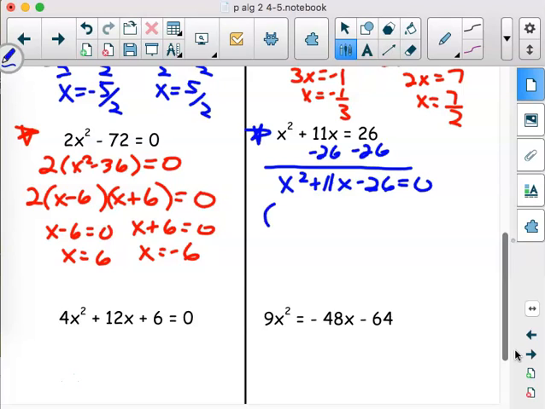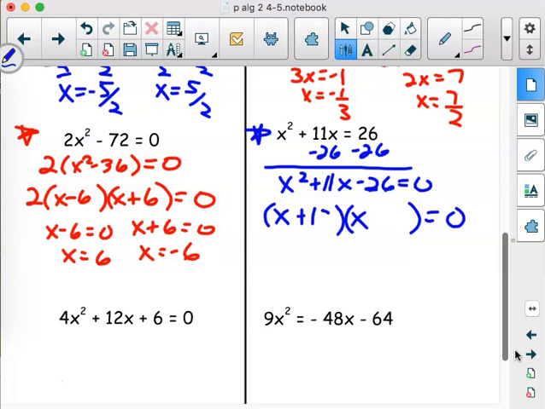So we're doing good old-fashioned factoring. Anybody have them already? Two numbers that multiply to negative 26 and add to 11. 13 and negative 2.